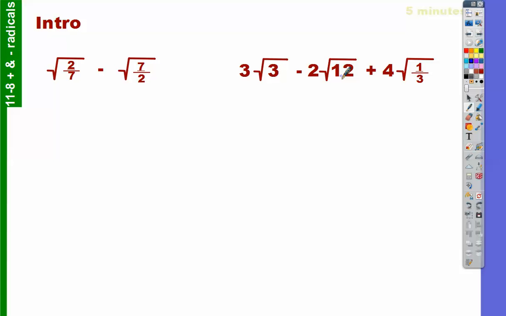So the square root of 2 over the square root of 7, I'm going to rewrite as this. Because we know we can distribute the square root to the numerator and the denominator. So when you're subtracting fractions, what must be true?